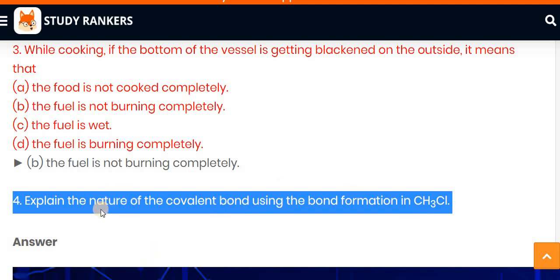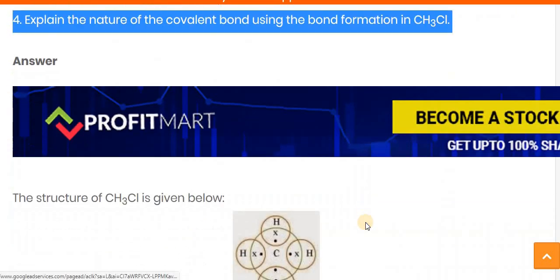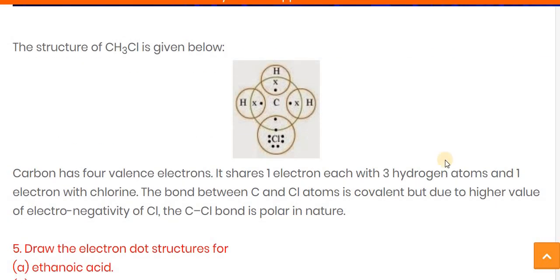So your question is: explain the nature of covalent bond using the bond formation in CH3Cl. Let's see the answer. Here you can see the carbon, whose valency is 4, so it is denoted by the dot structure. For the hydrogen, there are 3 hydrogens, 1, 2, 3, and the outermost orbit possesses 1 electron, so it is denoted by the cross.